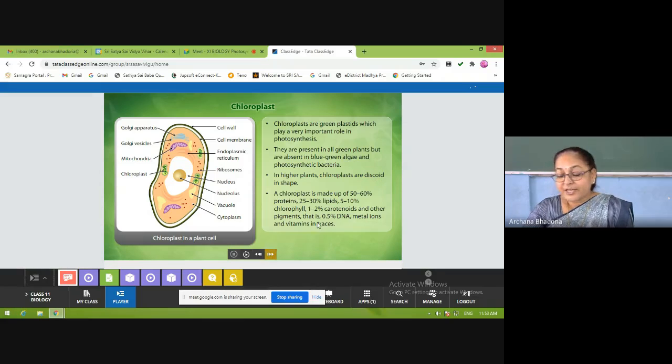And it has its own genetic material. The genetic material is how much? 0.5% DNA. And metal ions and vitamins are there in traces, means very, very little amount.